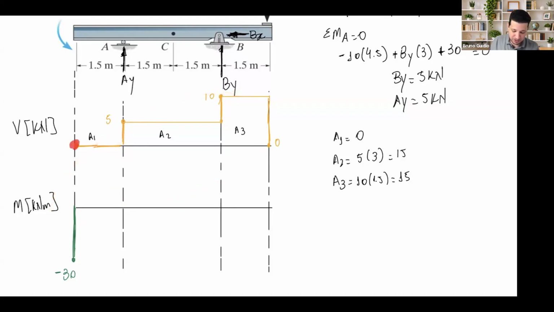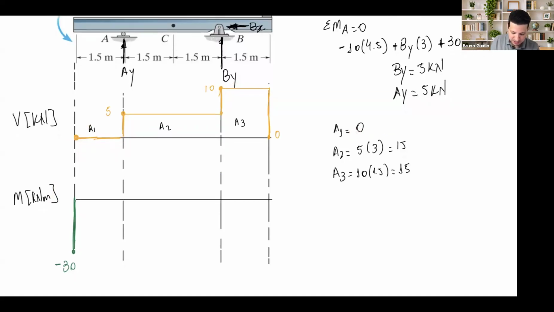So from this point to that point, area is 0. So I don't have any change. Constant moment. Okay, take a look. Constant moment. No change at all. Okay. Now from this point, negative 30. Okay.